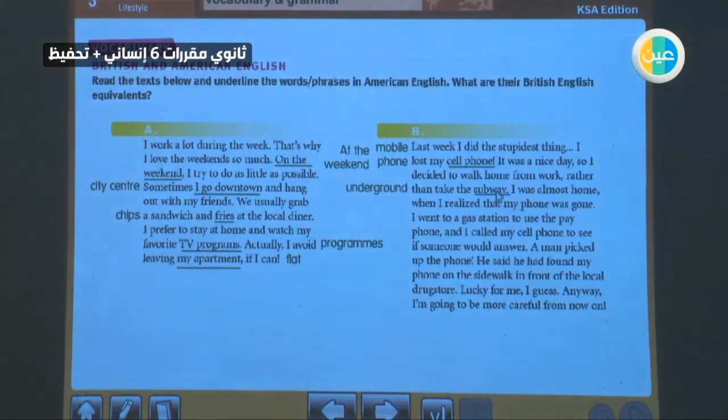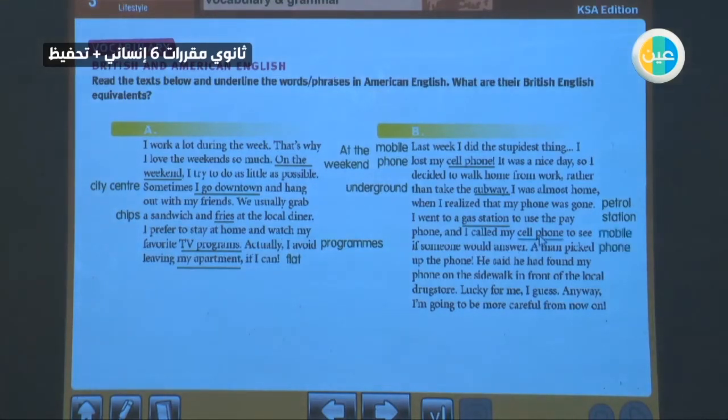Subway, underground. I was almost home when I realized that my phone was gone. I went to a gas station. Yes, gas station. Okay, and I called my cell phone to see if someone would answer.